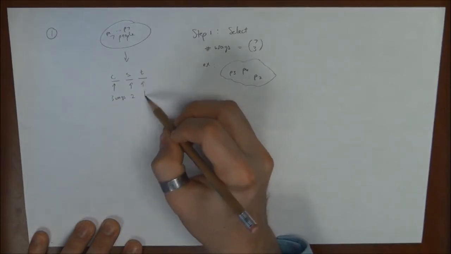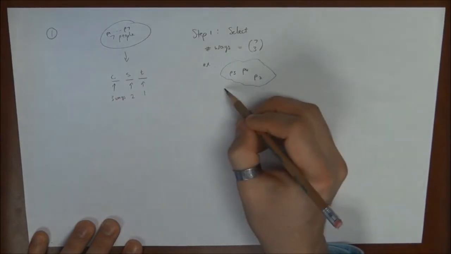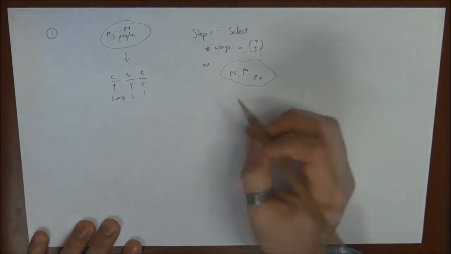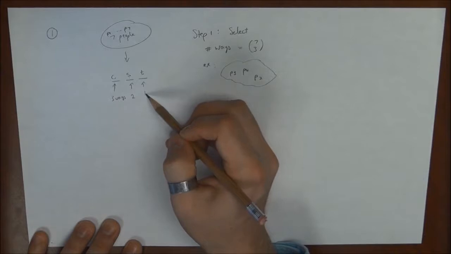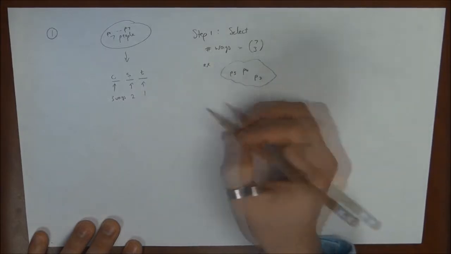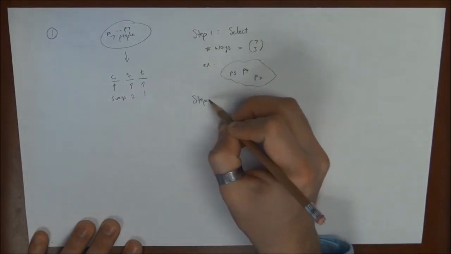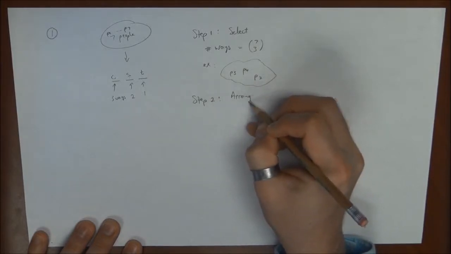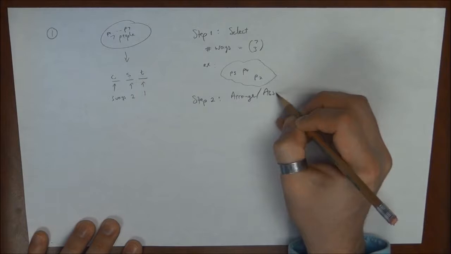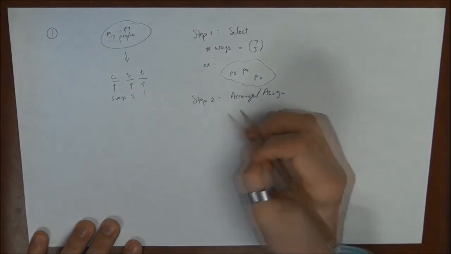2 and 1. So if I arrange these people in a row, the first one could be the chair, then the secretary, and so on. So I'm actually looking for an arrangement of the 3 people. Arrange or assign them to their titles.